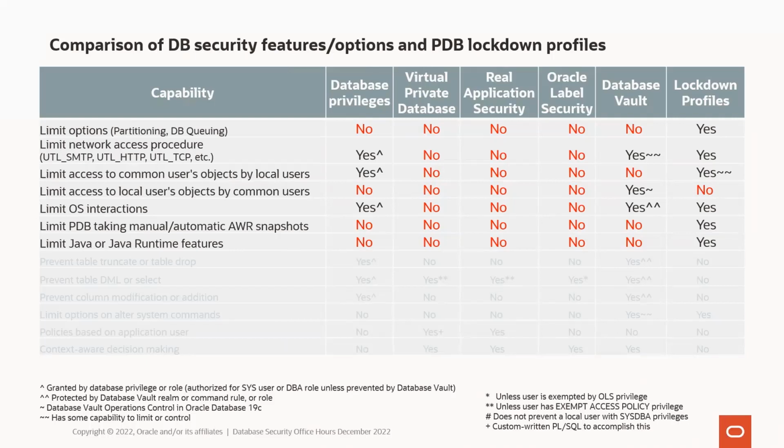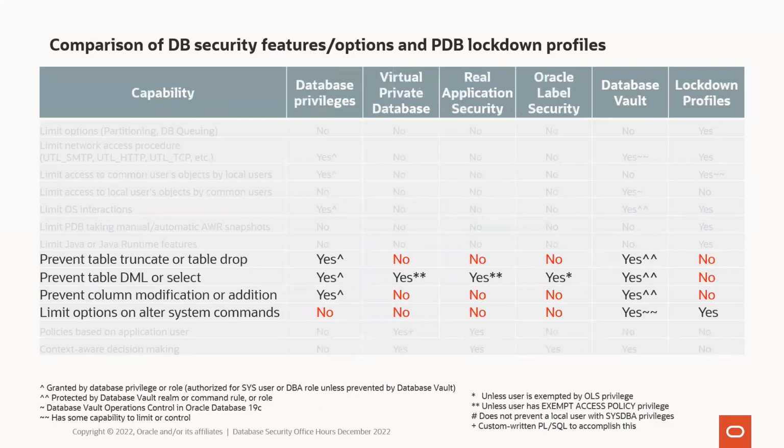There's some things we can do with Database Vault and whether we allow some of these interactions, but this is the bread and butter of a PDB lockdown profile, is limiting some of these OS interactions, changing of the system commands, Java runtime features, AWR snapshots, those kind of things, but not necessarily data, right?